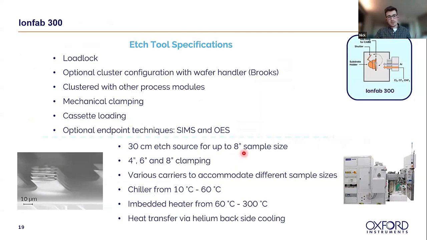We can process 8-inch all the way down to 4-inch, in a temperature range from about 10 to 300 degrees C. And in the bottom left here you can see one of those slanted etches that I was talking about, so that's non-vertical profiles.